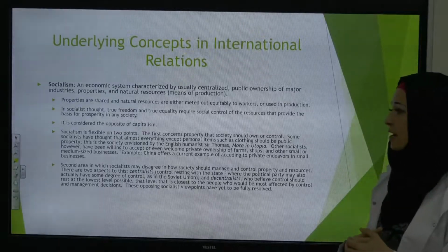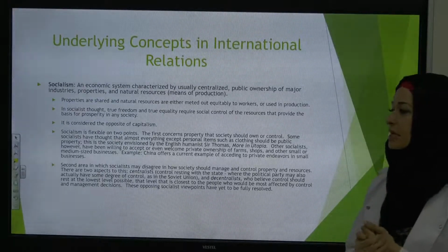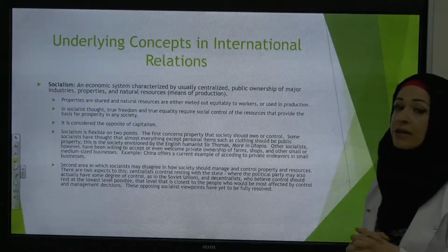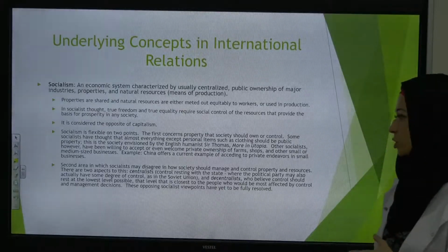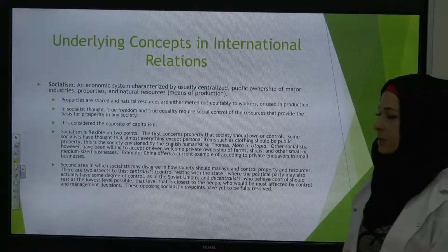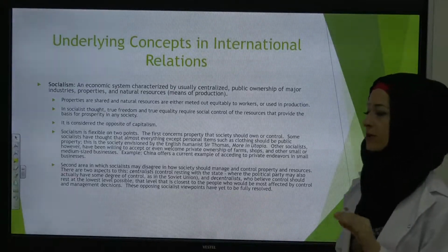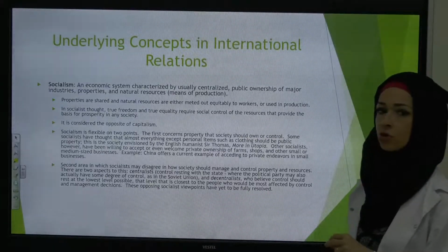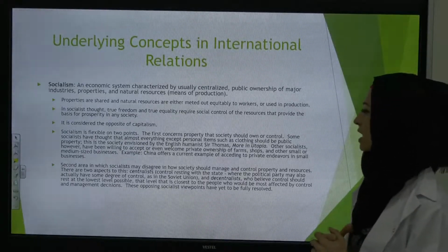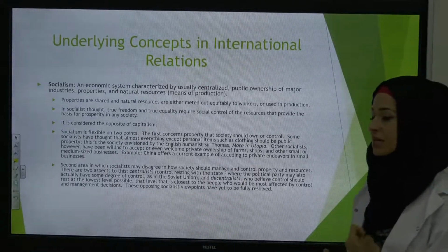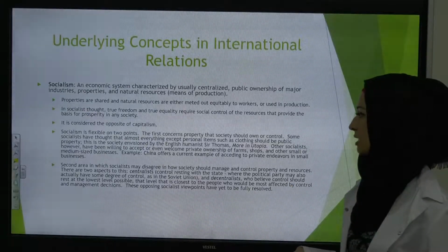Now, the second area that's flexible in socialism is in how socialists may disagree about how society should manage and control property as well as resources. There are 2 aspects to this. There are the centralists, who believe control rests with the state, where the political party may also have some degree of control, as in the Soviet Union, and decentralists, who believe control should rest at the lowest level possible.